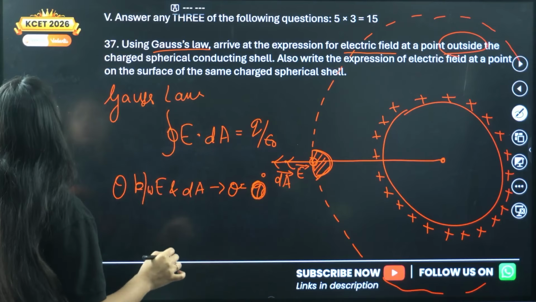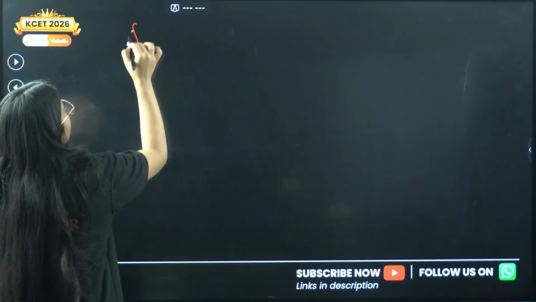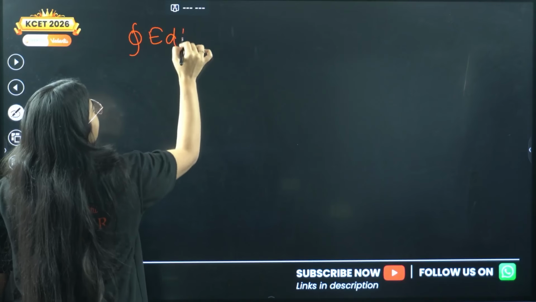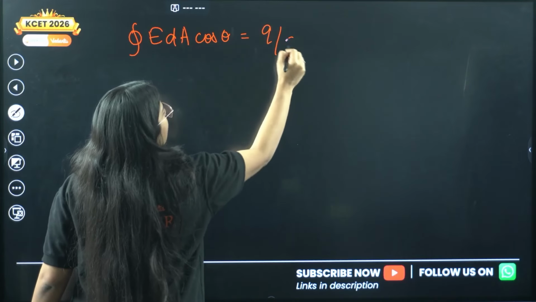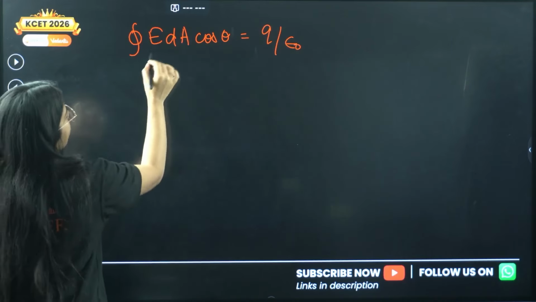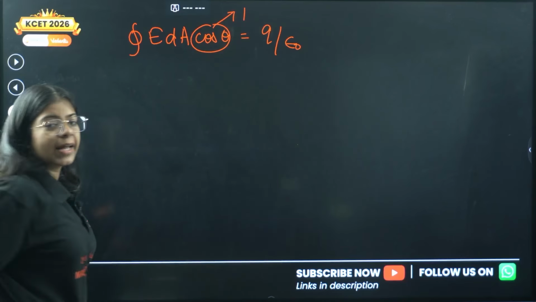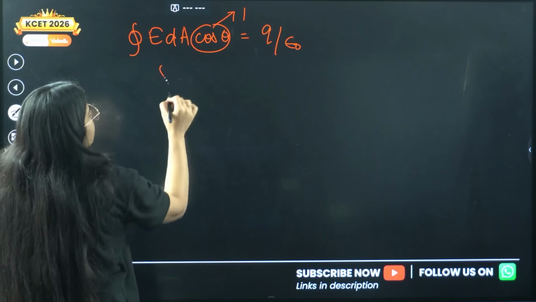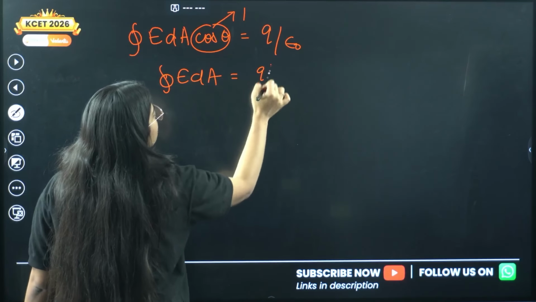So I can now write E dot dA as E dA cos theta, equal to Q by epsilon naught. Cos 0 is 1, so this will just be E dA equals Q by epsilon naught.